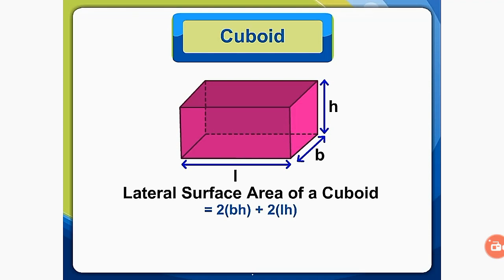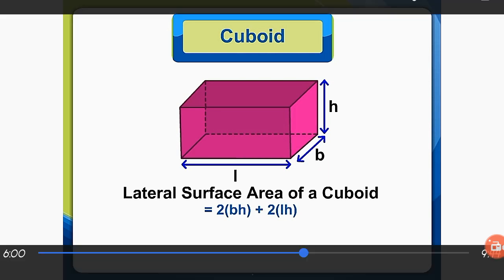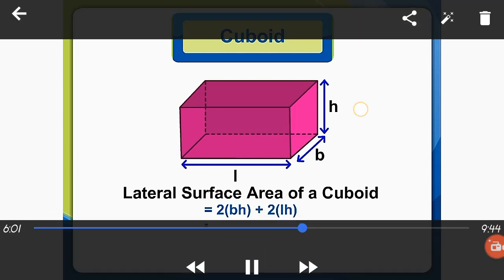How do we get to 2BH? For one side face it is BH and for the other side face it is BH. So BH plus BH is 2BH, and the front and back faces will have the area LH for the front face and LH for the back face, which is equal to 2LH.